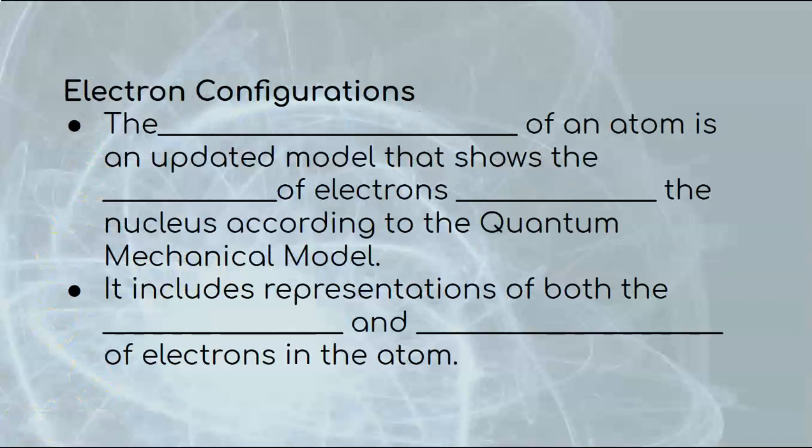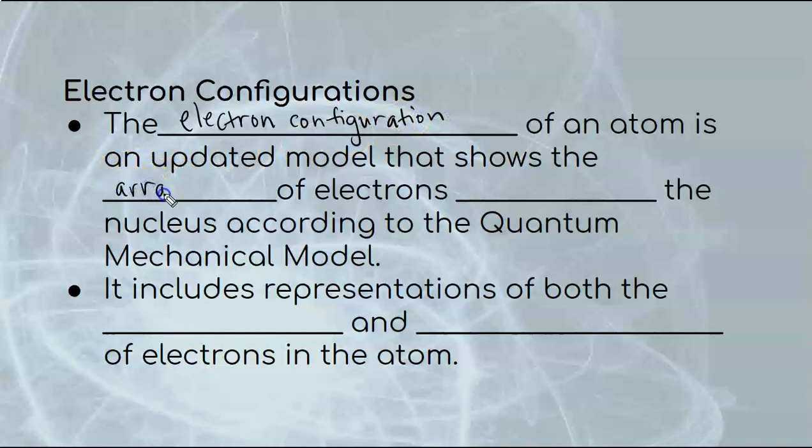So what is electron configuration? Well, the electron configuration of an atom is an updated model that shows the arrangement of electrons orbiting the nucleus. And this is all according to the quantum mechanical model. That's why we have to go through the quantum mechanical model, so you have an idea of how this arrangement was even discovered, right?